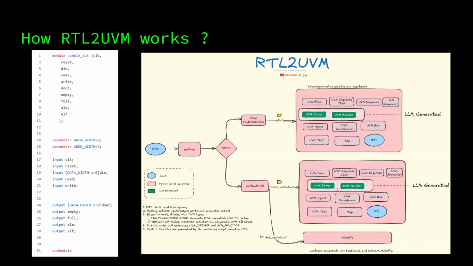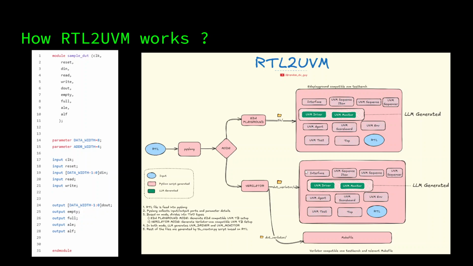The main goal is to set up and bring up the test bench and make the simulation work. Currently we are not using the LLM switch, because sometimes the output is not deterministic. So maybe you can give it a try yourself.